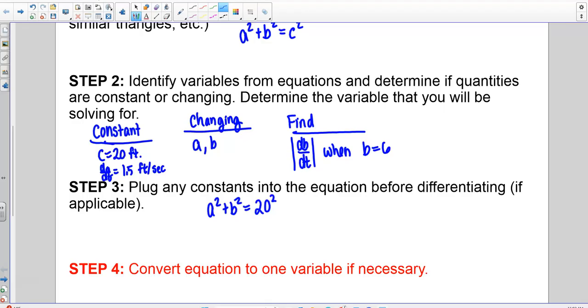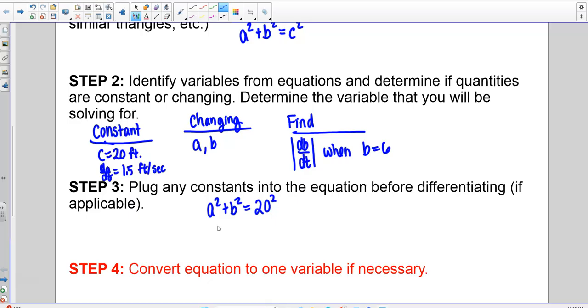Now, I can convert the equation to one variable if necessary. I might should change these notes to be like two variables, right? I want only one variable on the side. In this particular case, because we're solving for dB dt, you could move that a squared over to the other side right there. But two variables is okay, right?